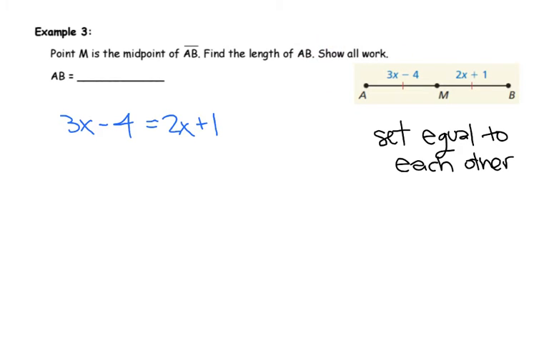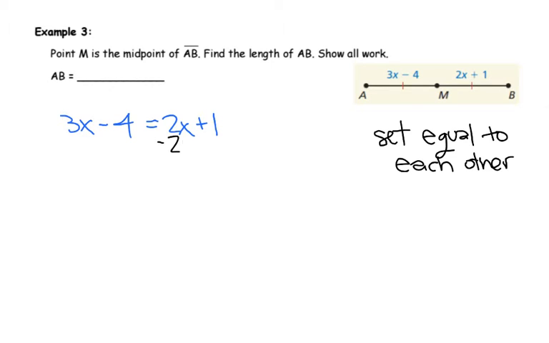Show all work, okay? So what we're going to do is, because we know that AM is congruent to MB because M is the midpoint, then we can actually set both of these equal to each other. So 3x minus 4 equals 2x plus 1 because they're supposed to be the same. They're equal to one another. So basically, we're just having to solve here.